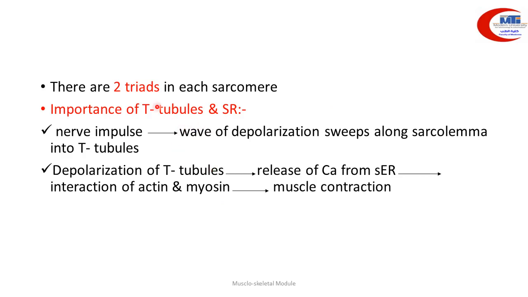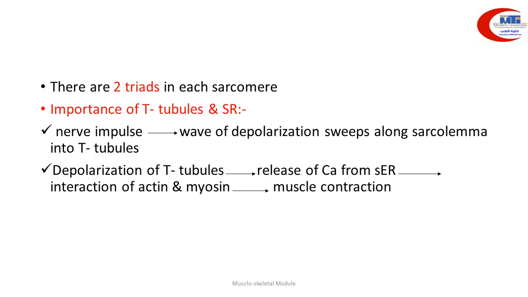So we have two triads in each sarcomere. The importance of T-tubules is fast conduction of the nerve impulse into the interior of the muscle fiber to stimulate the sarcoplasmic reticulum and the terminal cisterna for release of calcium.